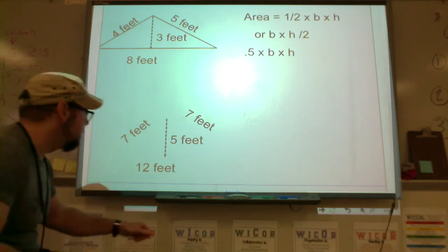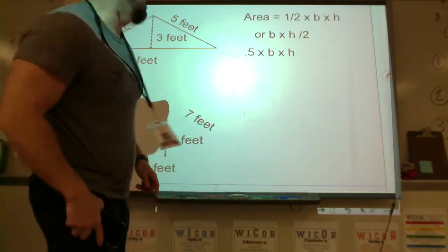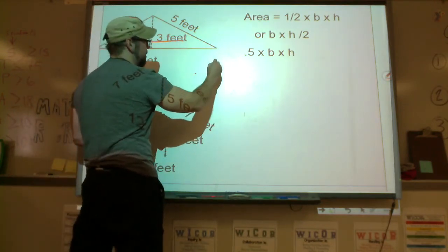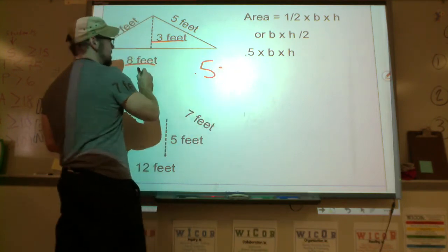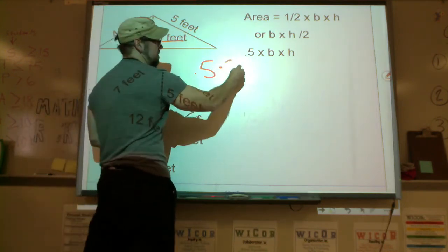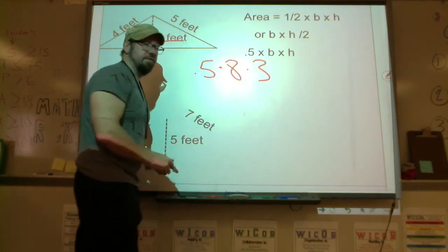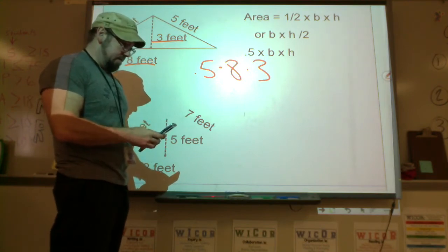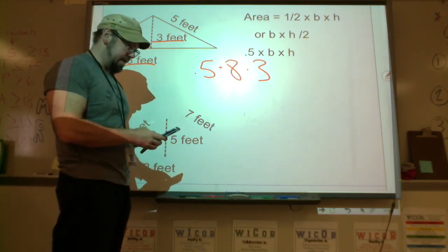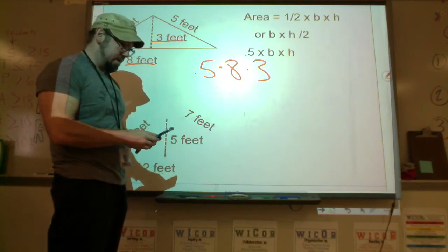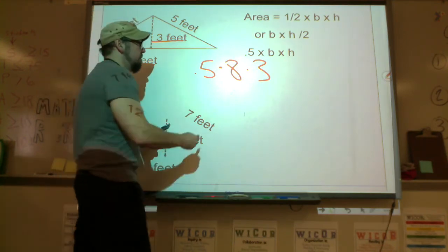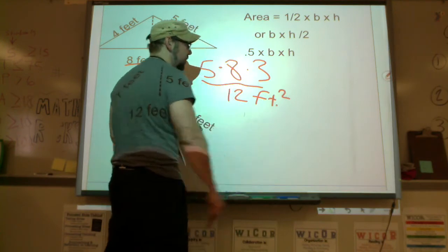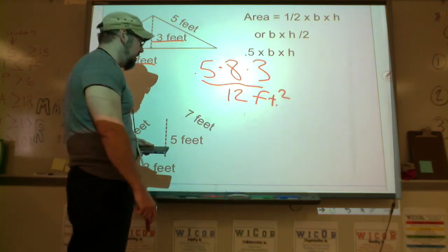So I'm going to take this and this. 0.5 times the base, which is 8, times 3, and that's all I have to do. 24 times 0.5. You can do that in your head, but just to be careful, let me get 12 feet squared.